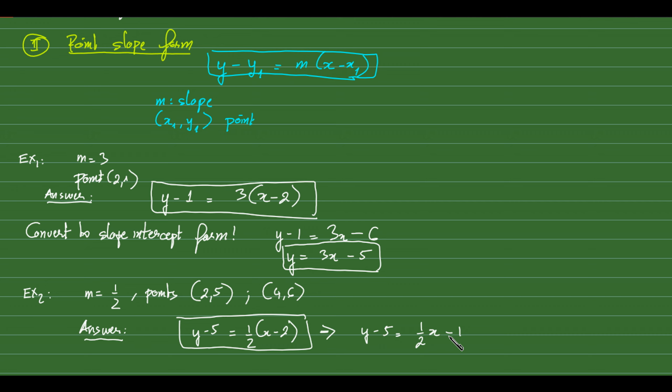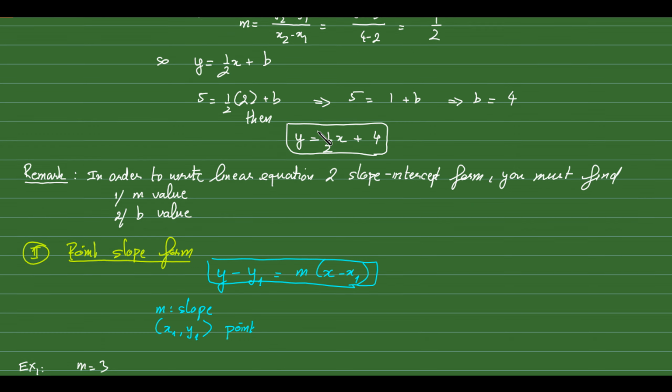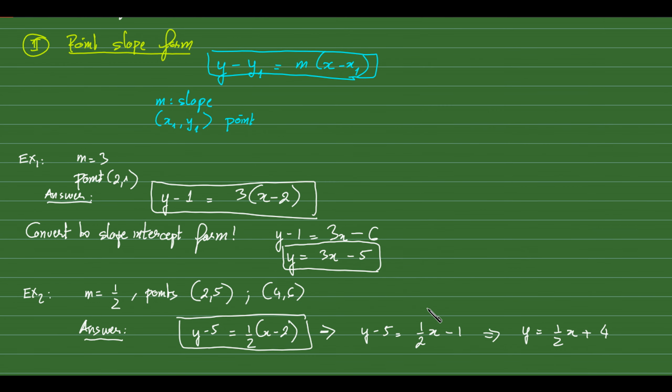Multiplying fractions, 1 over 2 times 2 over 1 is just negative 1. Then I'm going to add 5 to both sides, so I have y equals 1 over 2 x plus 4. There you go. Look at that. See, the same.